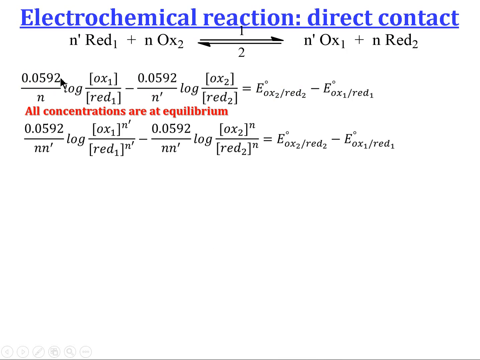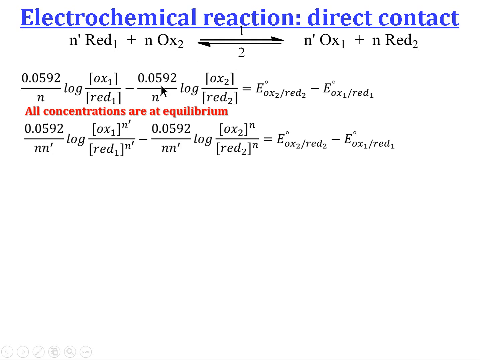We continue. We have to search for a common factor between these two relations. So if we multiply, for example, n by n', we have to put Ox1 and Red1 to the power n', because log x to the power n' equals n' log x, so we can cancel n' and n'.